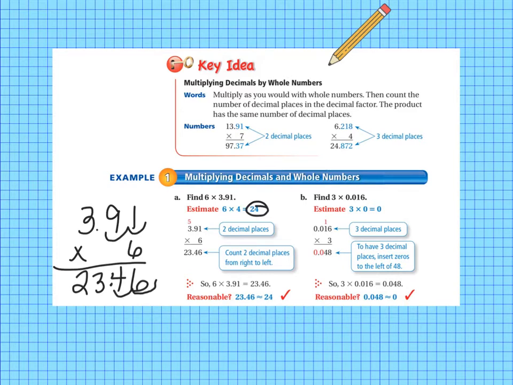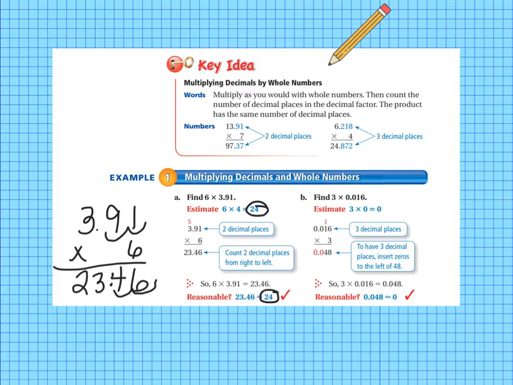So it comes out to be 23.46. And then we check to be sure it's reasonable. 23.46 is close to 24. So it's really important to be estimating here before you start, because you want to be sure that you are in the right decimal place, so that if you ended up with 234.6 or 2.346, you should know that you did something wrong.